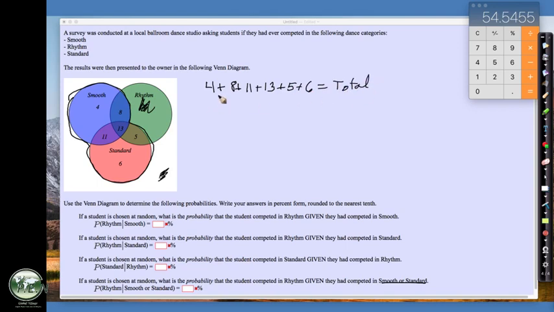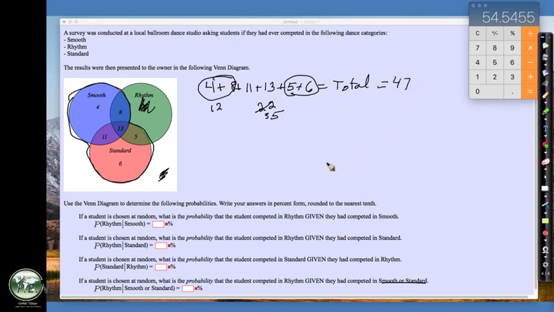Here's an 11, here's another 11, so that's 22, plus 13 gives 35, and then we add 12 from here, 4 plus 8, so that's 47. So the total is 47.